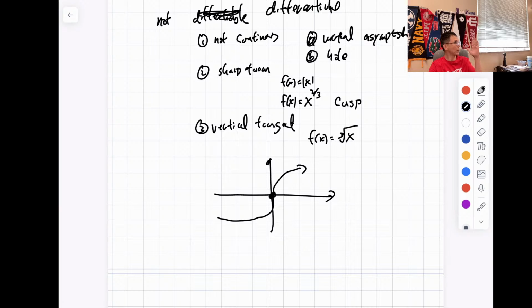So it becomes a straight line, right? Think about if you take the derivative of x to the 1/3, that's going to be 1/3 x to the negative 2/3. Now if I go to 0, it's going to be positive infinity on the right hand side, negative infinity on the left hand side. So it's not differentiable at 0. So that is also another one, vertical tangent.